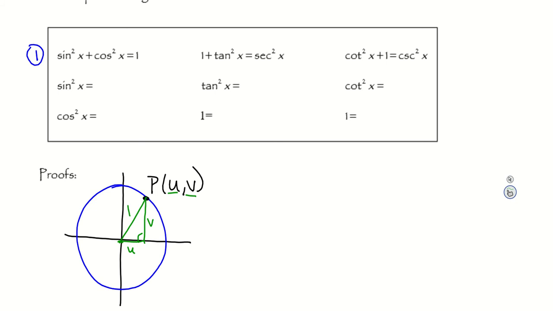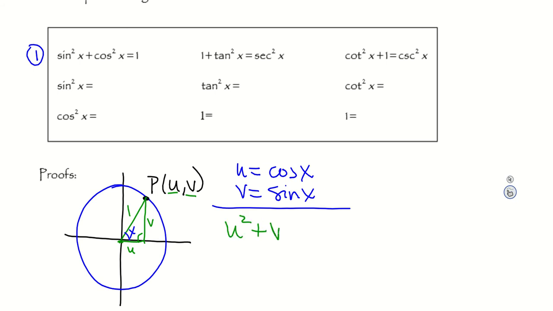Well, there are a couple things we know here. We know that u, the x-coordinate, will give us the cosine of our angle. So if we call this angle x, u gives us the cosine of x. We know that v, the y-coordinate, will give us the sine of x. The other thing we know is that given a right triangle, leg squared, u squared, plus the other leg squared, v squared, must equal the hypotenuse squared, which is 1 squared.